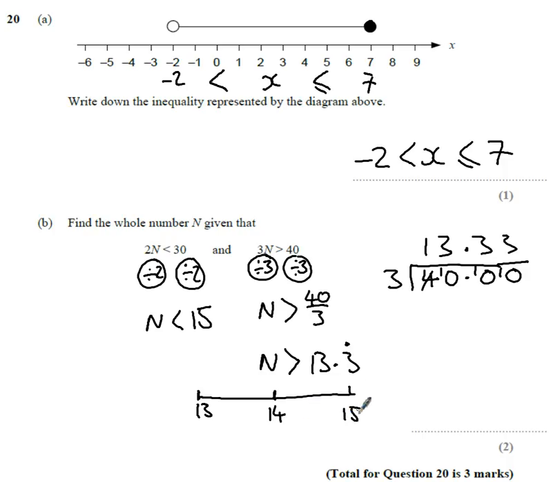And n must be less than 15, but it must be greater than, say, 13.3, which means the only whole number it could be is 14. So therefore, find the whole number n given that 2n is less than 30 and 3n is greater than 40, it means that n must be equal to 14.